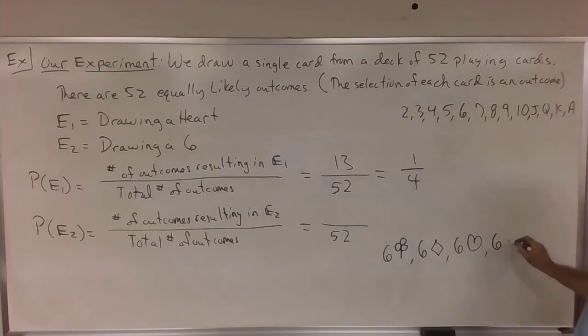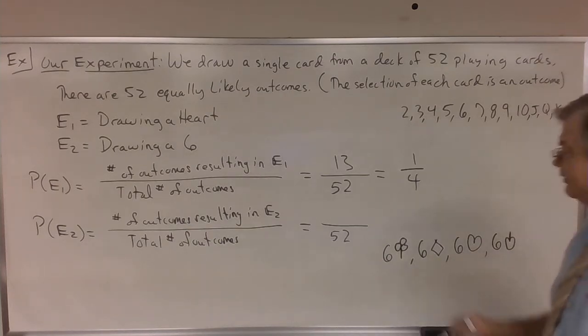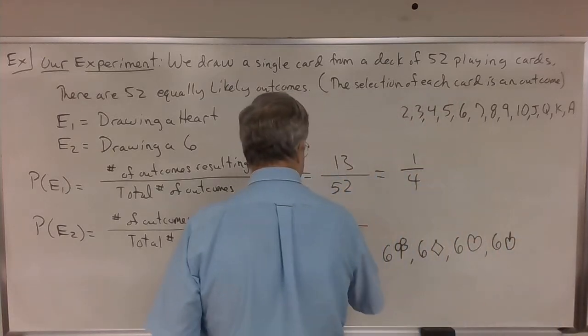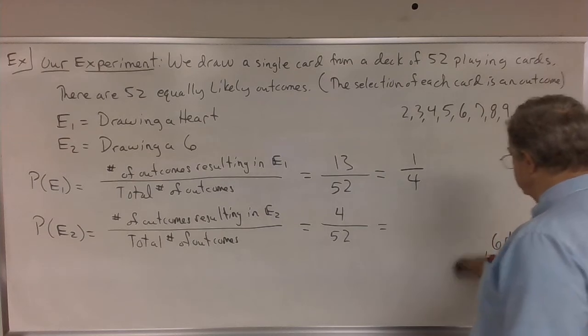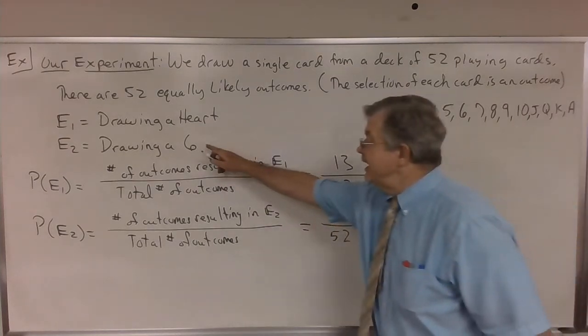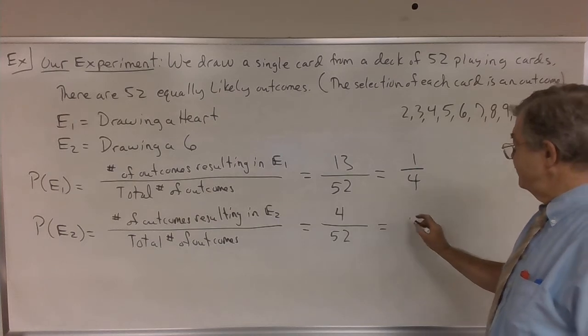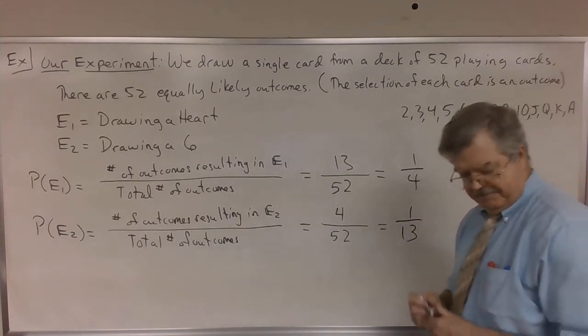Or we can get the 6 of spades. So 4 different ways that we can get a 6, which means the probability of drawing a 6 is going to be 4 out of 52 or 1/13.